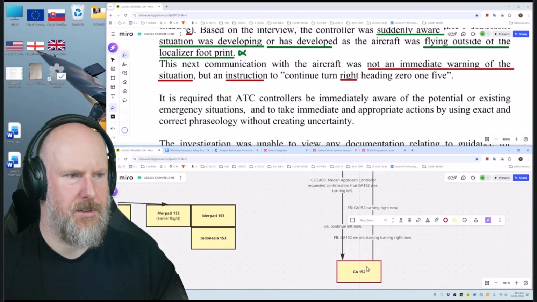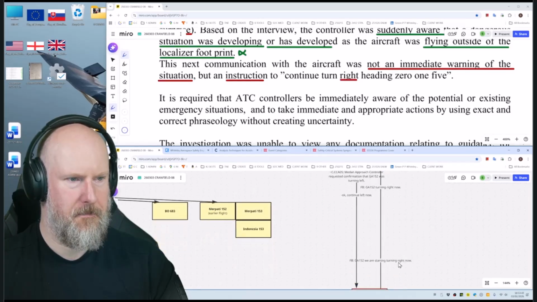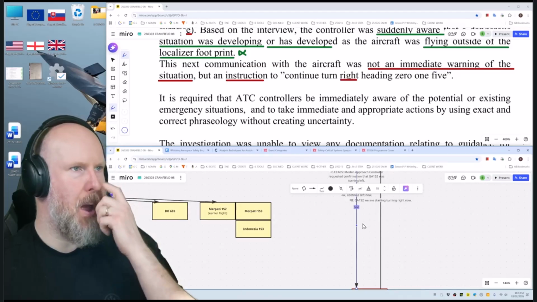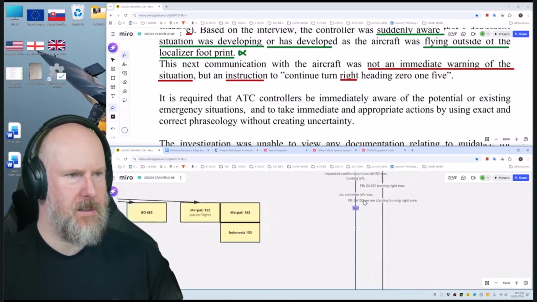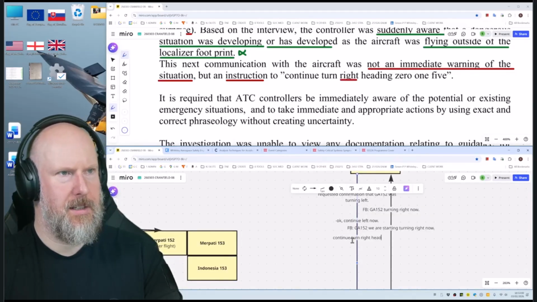So let's just move that down a bit. Let's put those up there a little bit. So this is a control action. Continue turn right, heading 015.